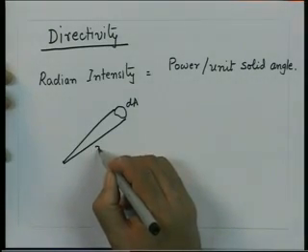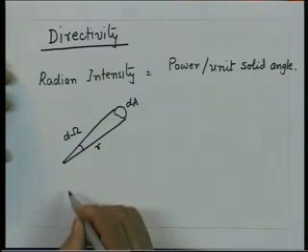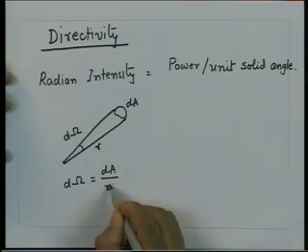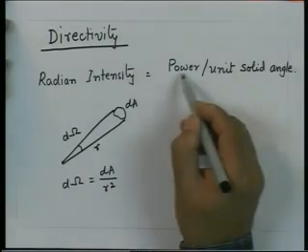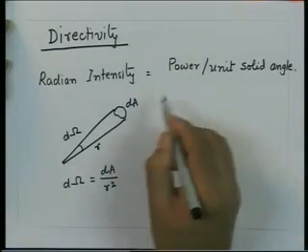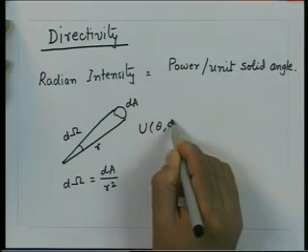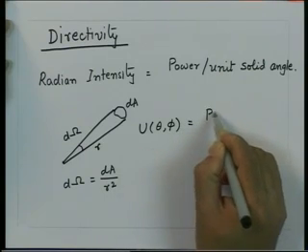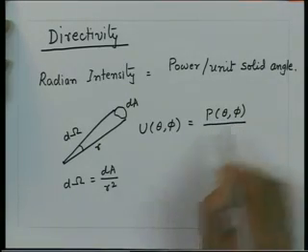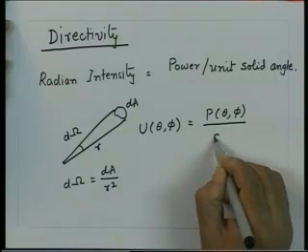If this distance is r, this solid angle d omega is equal to dA upon r square. So if I know the power in a particular direction theta phi, this quantity radiation intensity, let us call it u of theta phi, will be the power in the direction theta phi divided by the solid angle d omega.